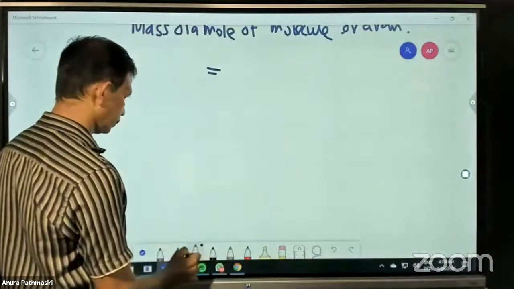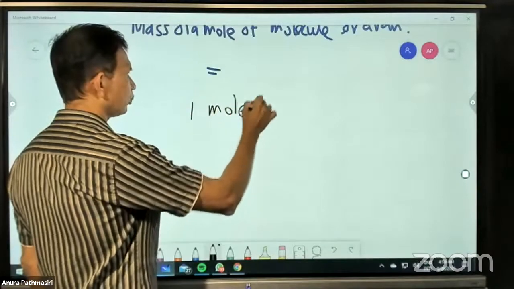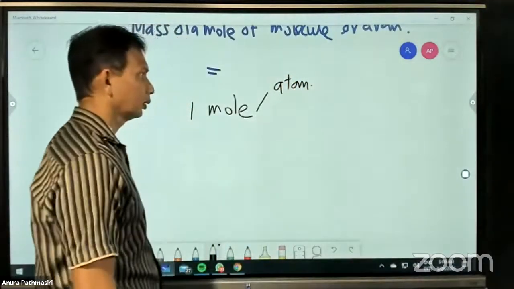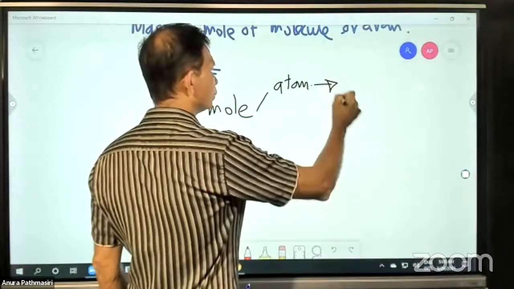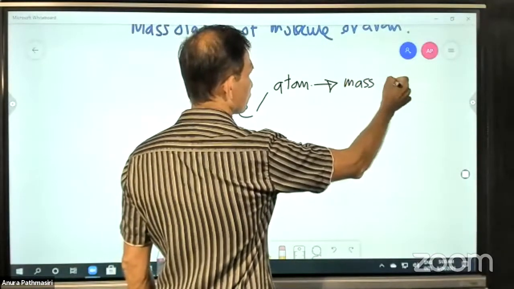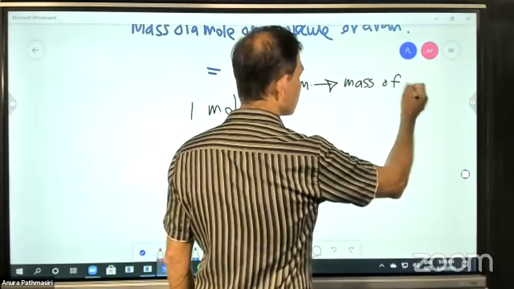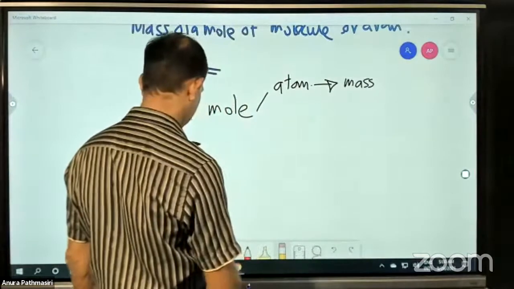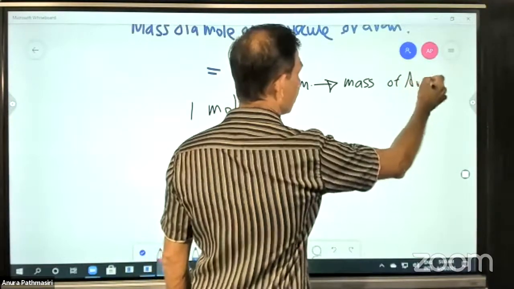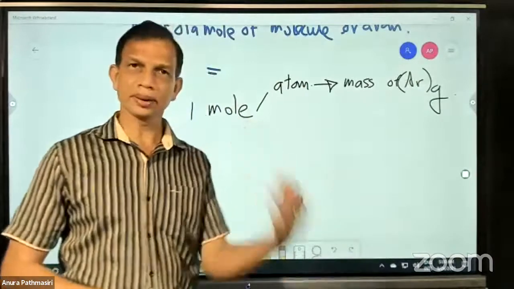He's going to tell us, if you consider 1 mole of atom, the mass of 1 mole of atom is equal to the mass of Ar in gram, the relative atomic mass in gram.